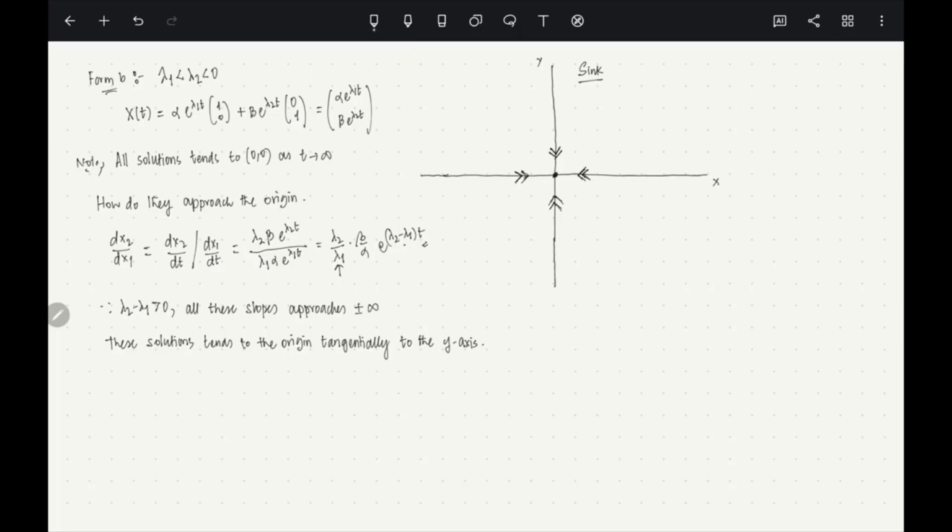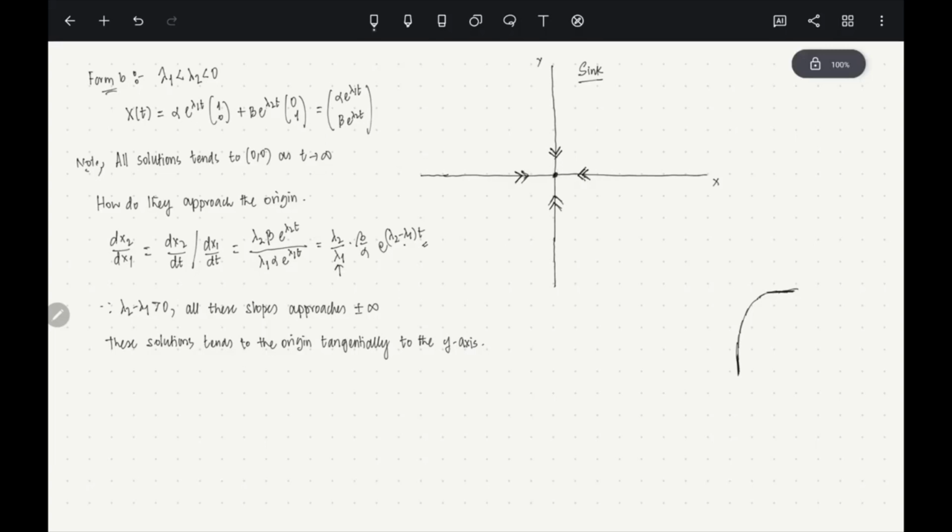If you think about it, the slope is kind of like this, parallel to the x-axis at minus infinity. And as t tends to infinity, the slope is parallel to the y-axis. You understand? So the curve should look like this, no? Okay, so this is the idea.